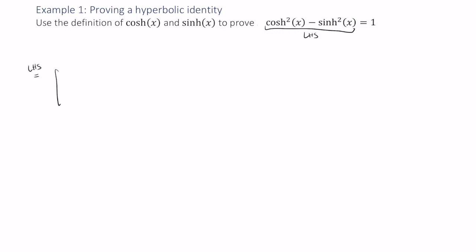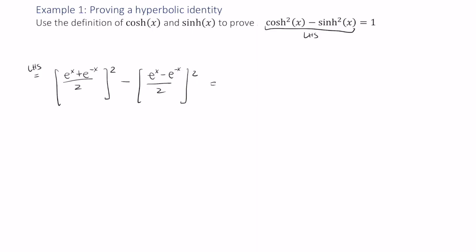And cosh is equal to e to the x plus e to the negative x divided by 2, and we're squaring this whole quantity. Then subtracting sinh, which is e to the x minus e to the negative x divided by 2, and we're squaring that.